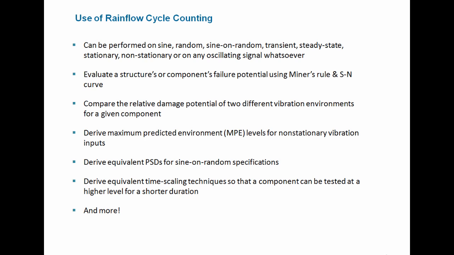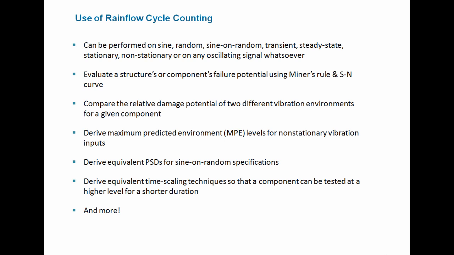Well, one way to compare those two environments and to gather data for making that decision is to look at the relative damage potential. And we're actually going to be covering that in an upcoming webinar.